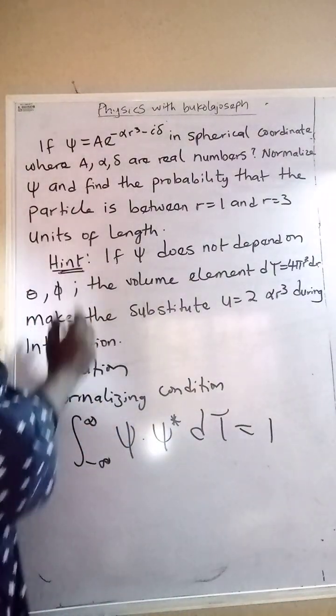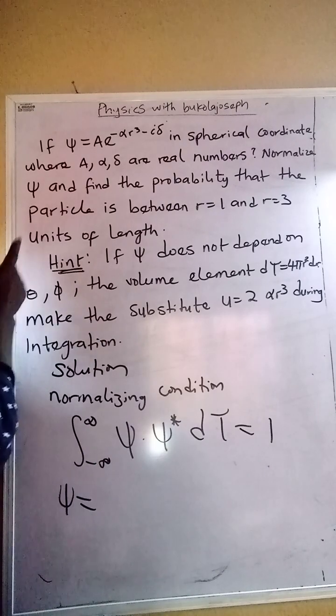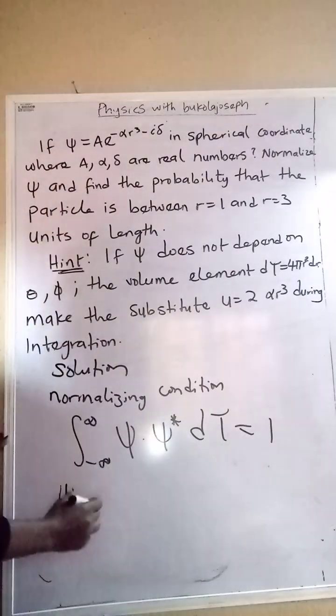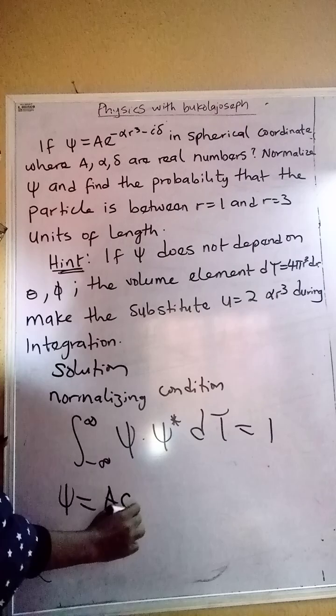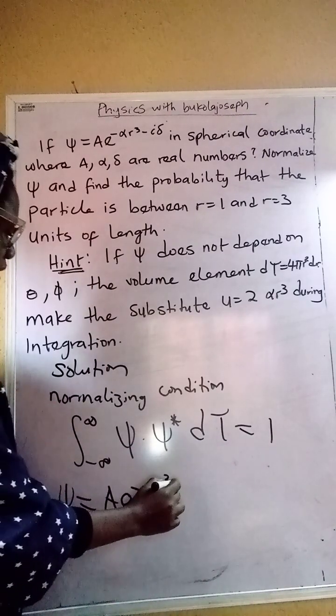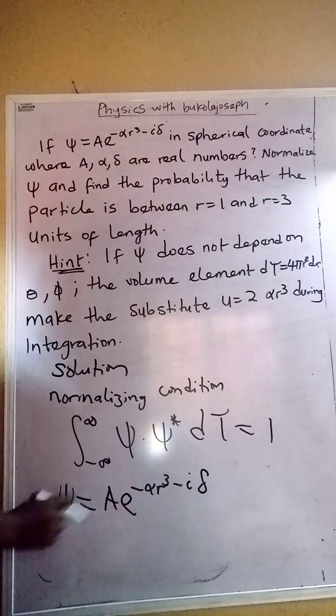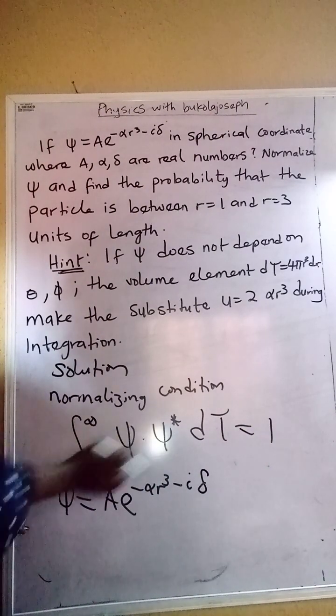So we are given psi to be what? Psi is given in the question to be a exponential minus alpha r cubed minus i d. Now what is going to be the conjugate of this psi?